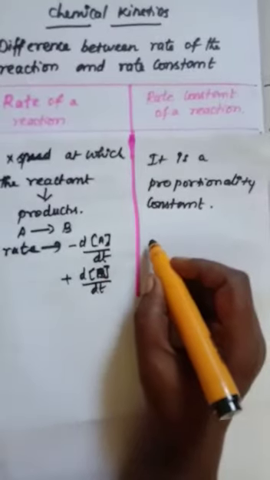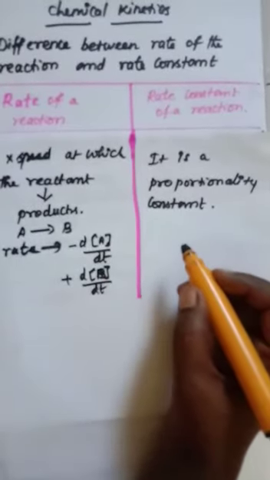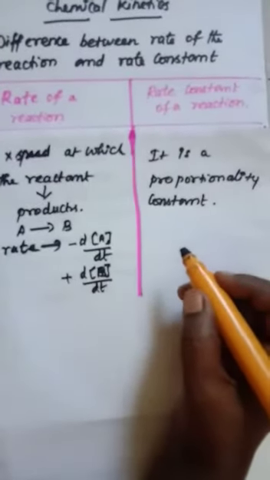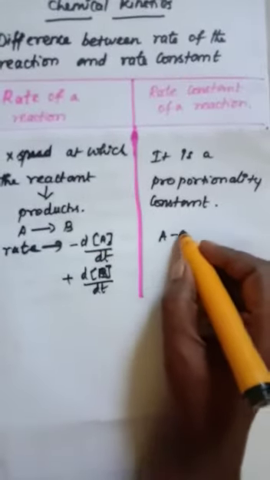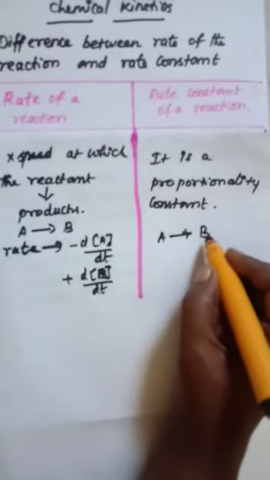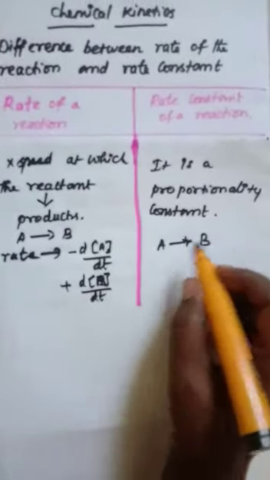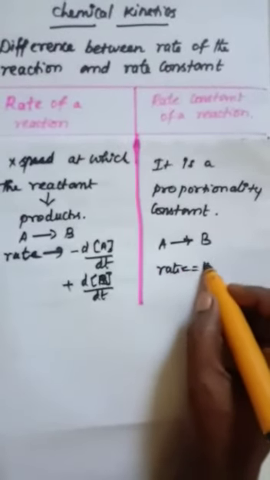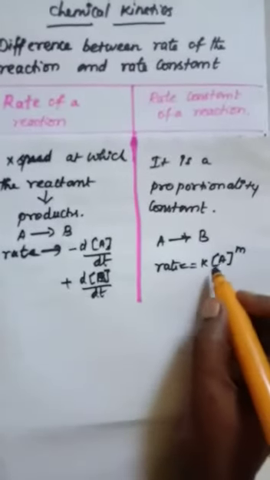Rate constant is equal to the rate of the reaction when the concentration of the reactant is unity. That means for the same reaction, A gives the product B, the rate law can be written as rate equal to K into concentration of A to the power m.